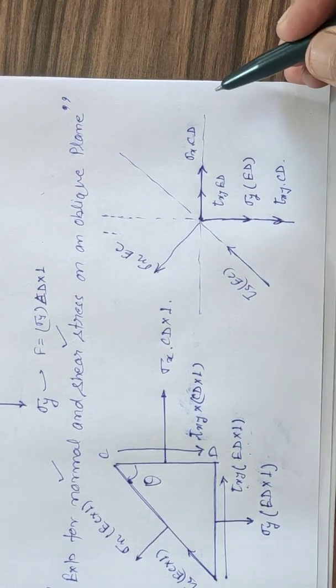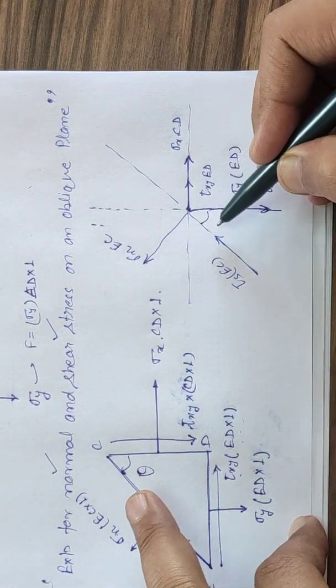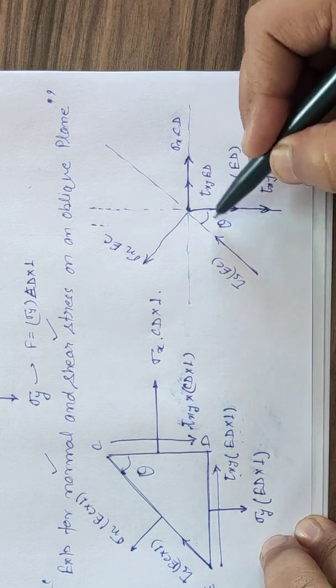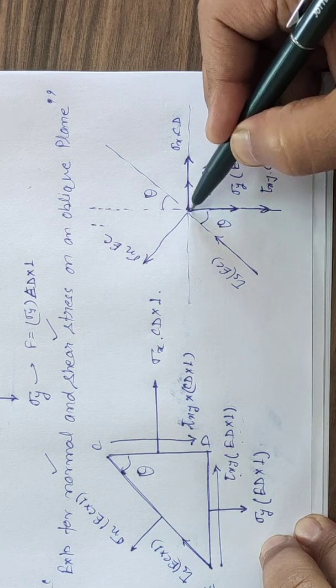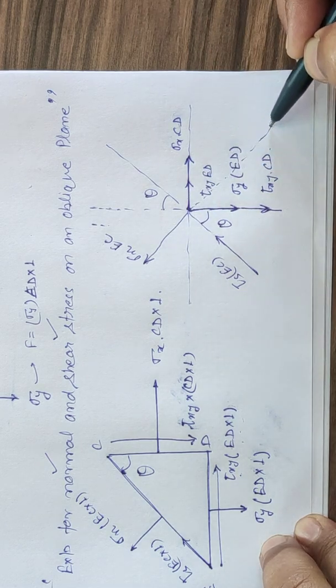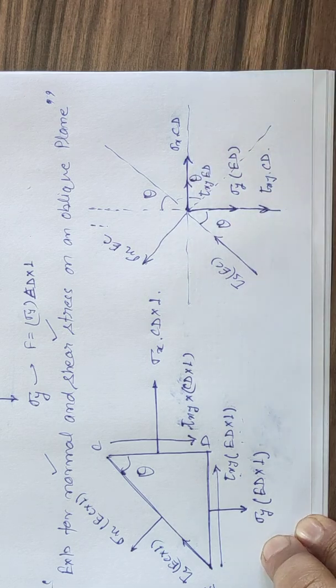Now we have drawn all the forces. This angle is theta, this angle is also theta, and if we extend this line, this is 90 minus theta, then this angle will also be equal to theta.